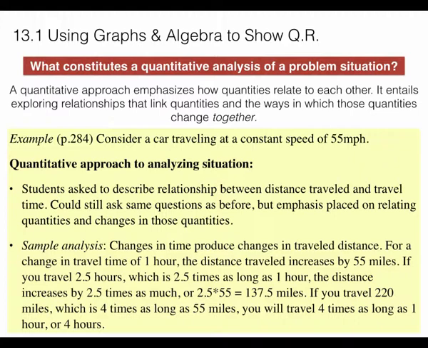If you were to travel 220 miles, well, that's 4 times larger than the number of miles that you would cover in 1 hour. So that means that you had to have been traveling for 4 times as many hours as 1 hour, right? So you can do this type of analysis without ever falling back to that formula, d equals rt. This is a quantitative approach.